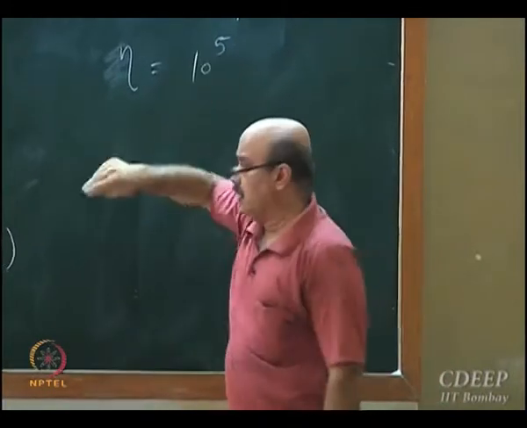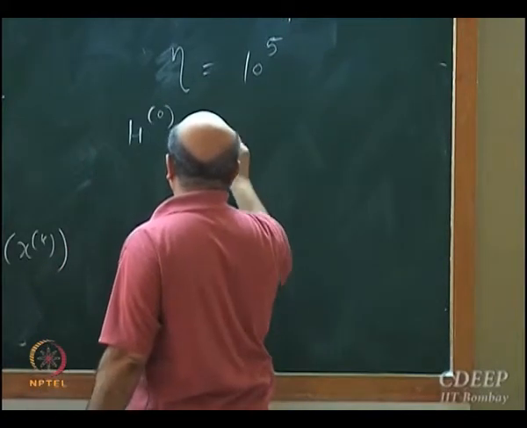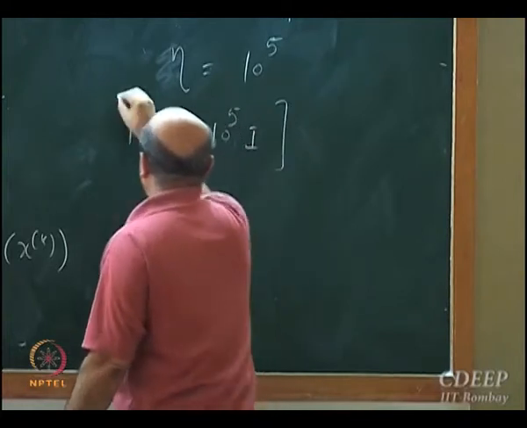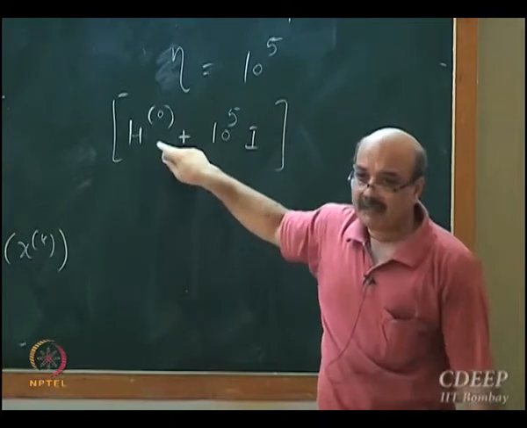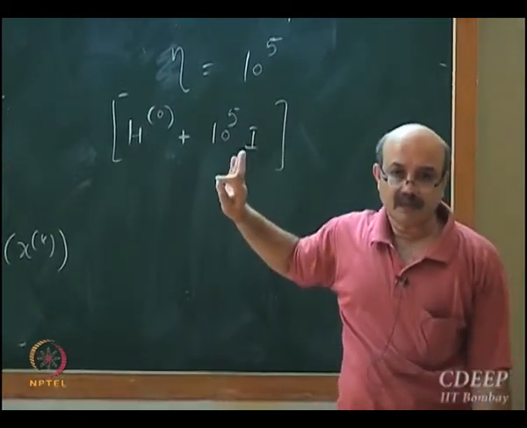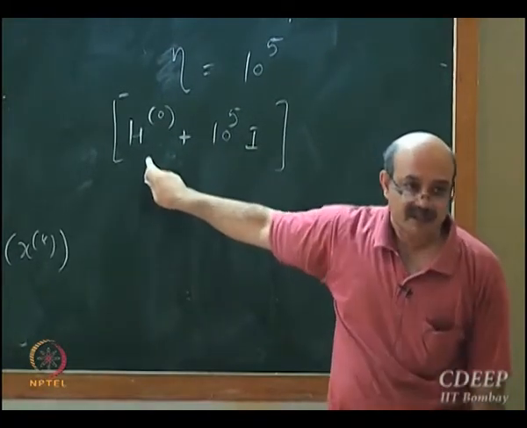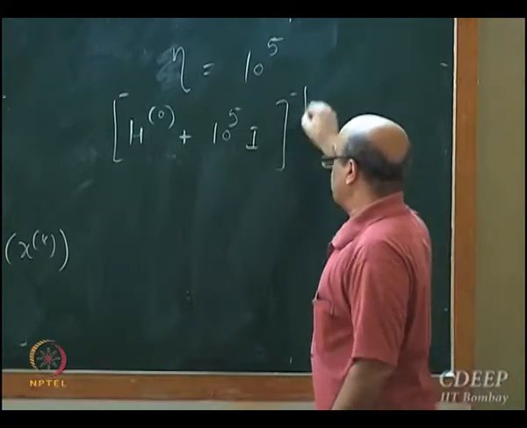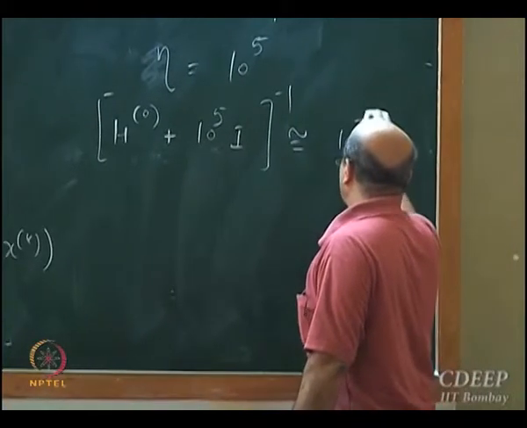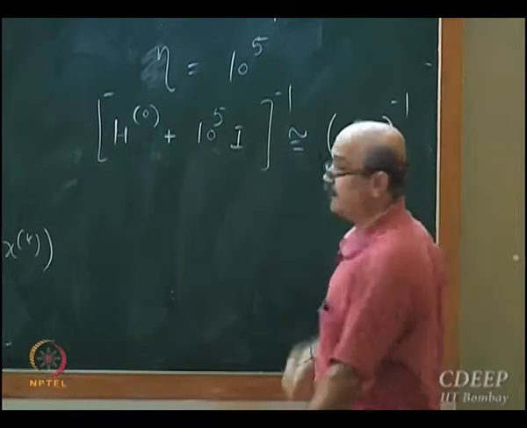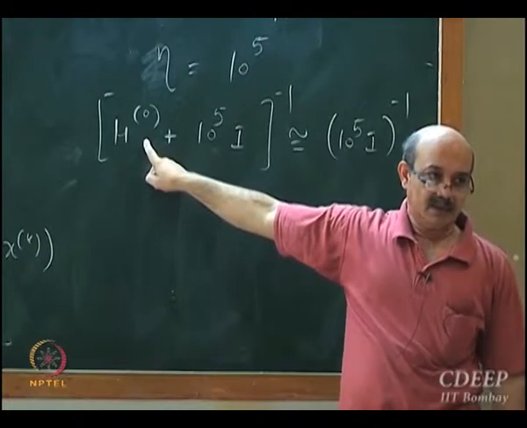So actually your H0 plus 10 to the power 5 times I. See, Hessian elements will not be typically very large, so you have to take this number sufficiently large compared to elements of the Hessian. So this inverse, when this is a large number, is approximately like 10 to the power 5 I inverse. This term dominates over this.